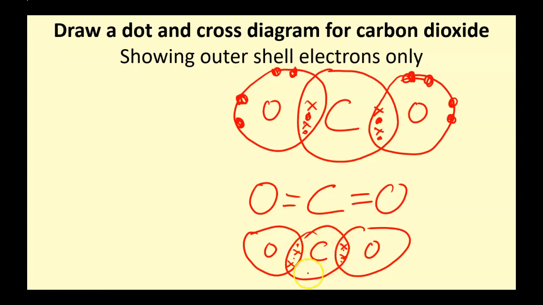Carbon never will have any unpaired electrons in its outer shell once it's bonded. Oxygen, well, there's one exception to that, but we'll come to that at another point in time if you remember graphite. Here we have oxygen, and let's fill its extra outer shell electrons in. 2 shared electrons, so it needs another 4 to get to 6, which is what group it's in. Oxygen here, 1, 2, 3, 4, 5, 6. So that's carbon dioxide.